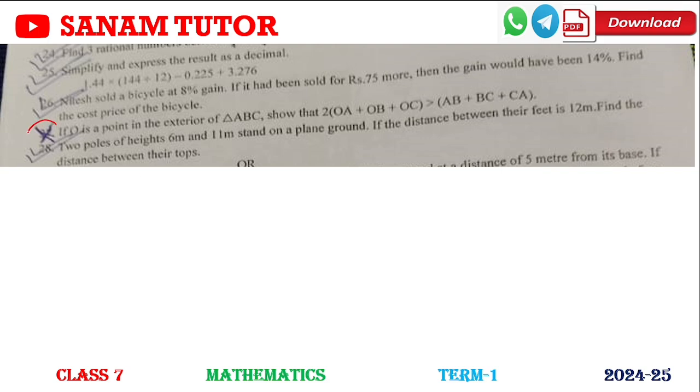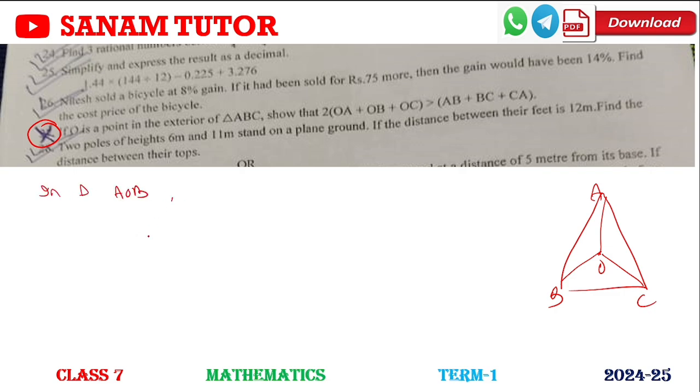These questions are directly repeated, okay, and are important. So how to solve? First draw a triangle ABC and draw a point inside, that is O, then AO, OB and OC. So write down, in triangle AOB we can write OA plus OB must be greater than AB, because the sum of the two sides of a triangle must be greater than the third side.